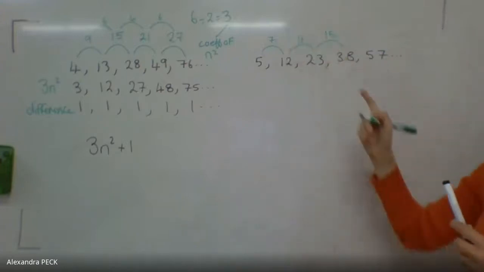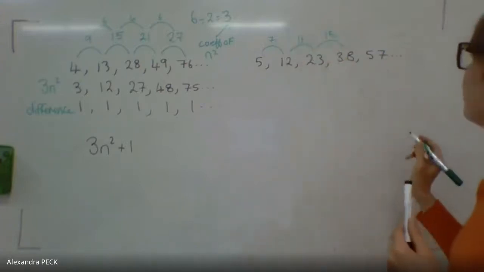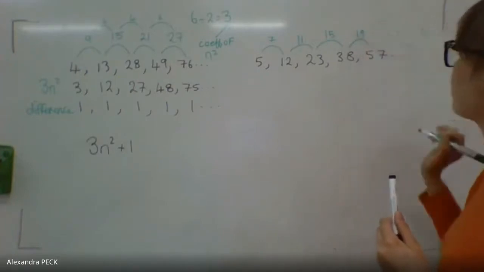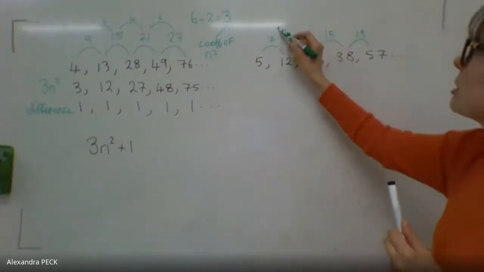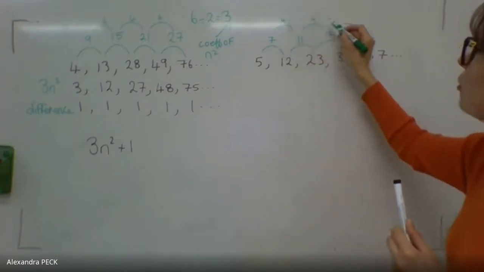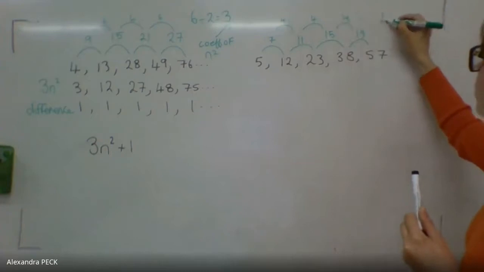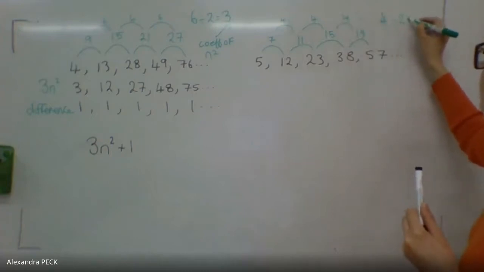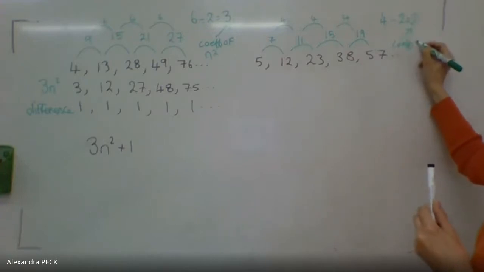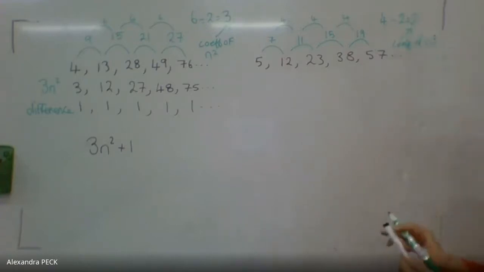I can see I'm getting a second difference of 4 here. 38 plus 19 is going to give me 57. So my second difference there is 4 each time, plus 4. So 4 divided by 2 is 2. That's going to be my coefficient of n squared.